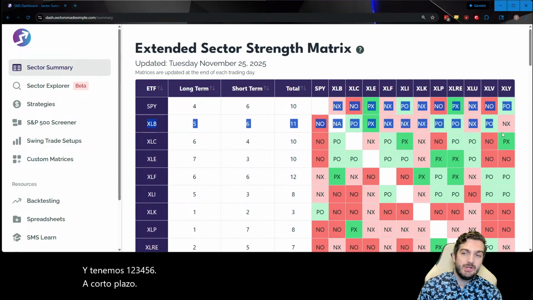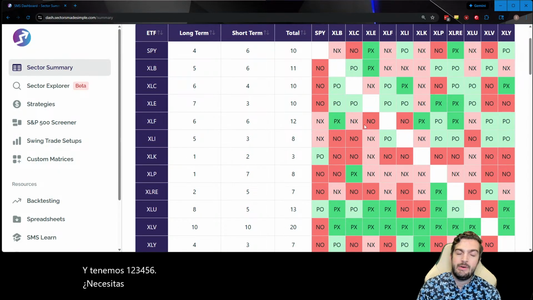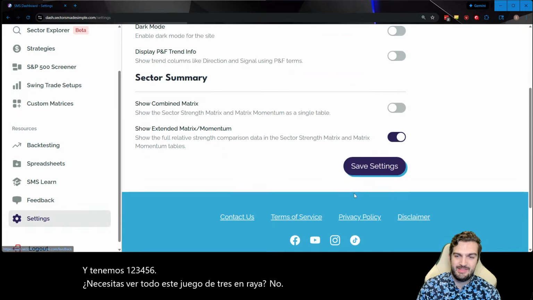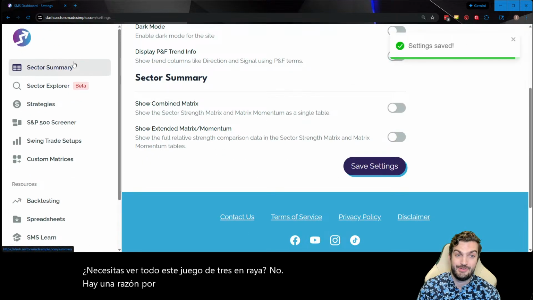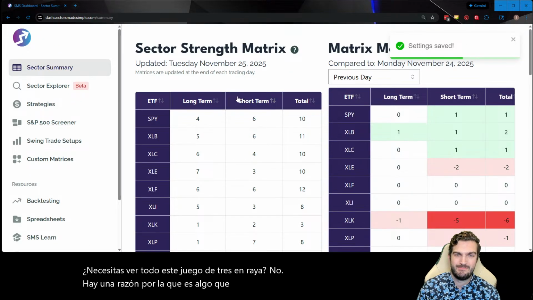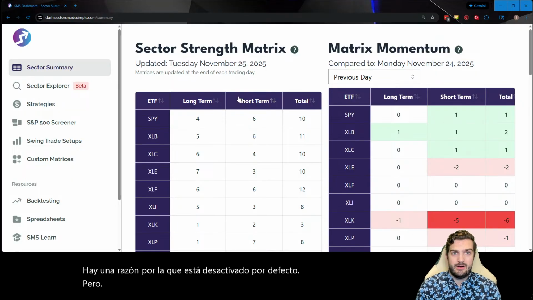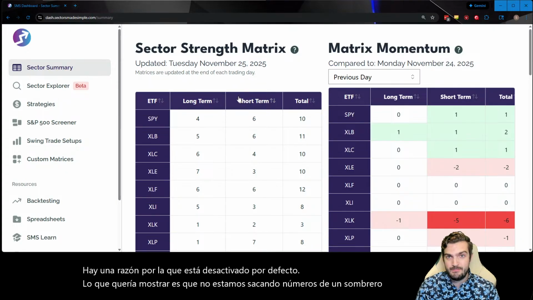Do you need to look at this entire game of tic-tac-toe? No. There's a reason that it is something that is turned off by default. But what I wanted to show there is that we're not pulling some numbers out of a hat and saying, trust us.